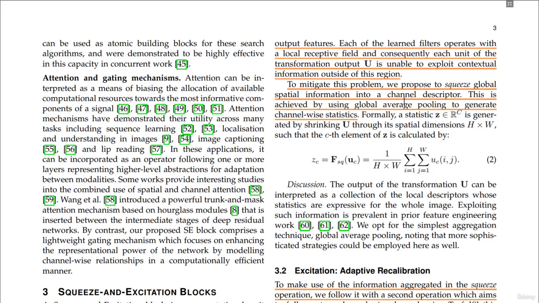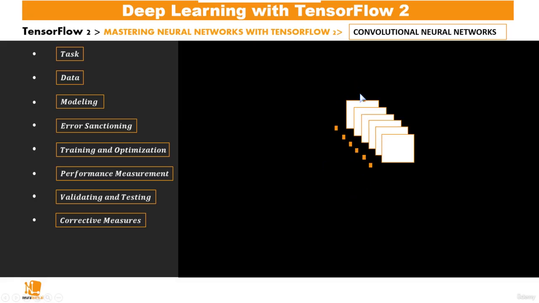To solve this problem, we propose to squeeze global spatial information into a channel descriptor. This is achieved by using global average pooling to generate the channel-wide statistics. So after getting an output like this one, where we have, say, dimensions H, W by 6, since we have 6 different channels right here, we are able to extract just the information which characterizes the channel dependencies.